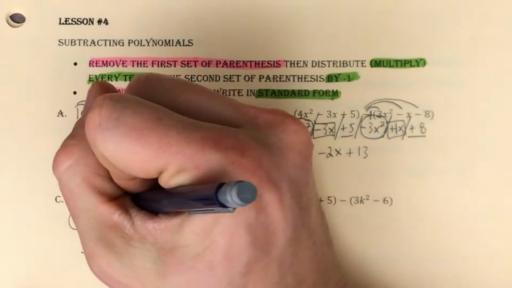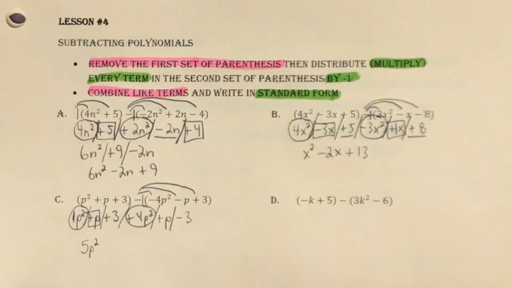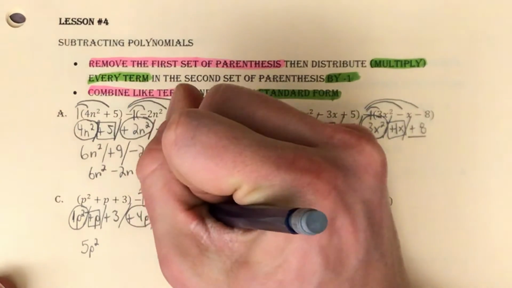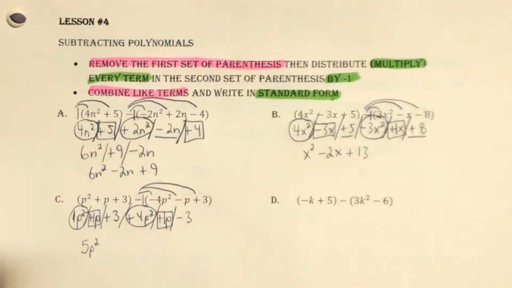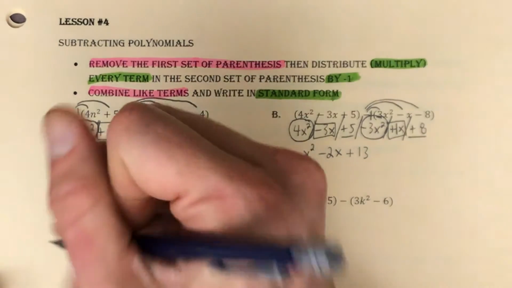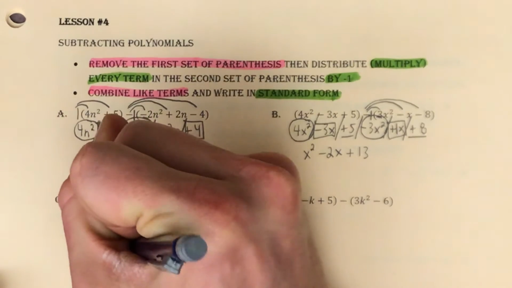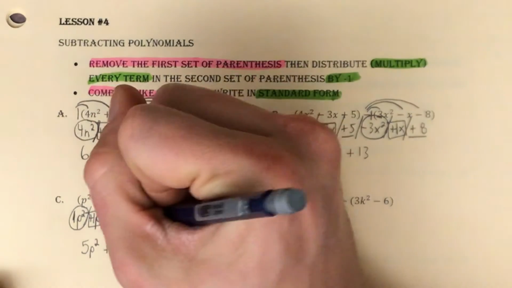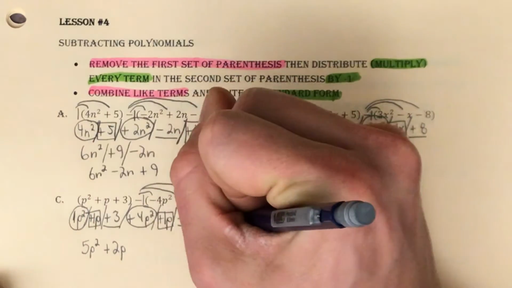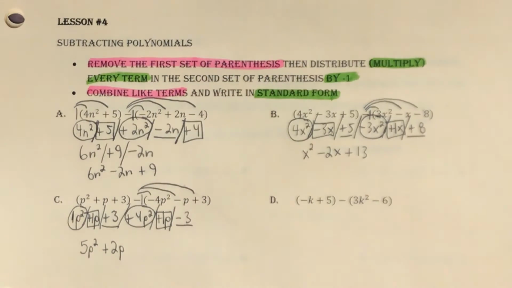Then I've got positive p here, and looking for any other p's with no exponent listed. I've got another positive p. Well, that's like 1p and 1p. So 1 plus 1 is 2, so I've got positive 2, and they are p terms. And then last ones I've got is positive 3 and -3. Well, positive 3 and -3 make 0, so I have nothing left of those terms.